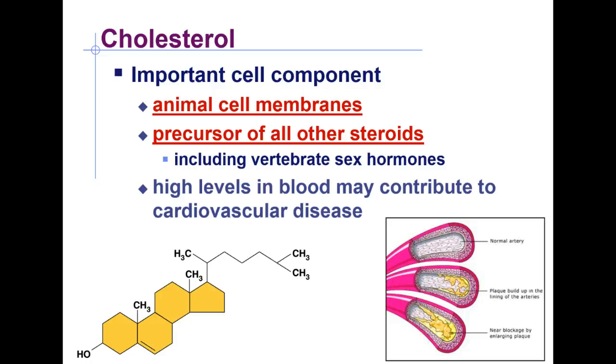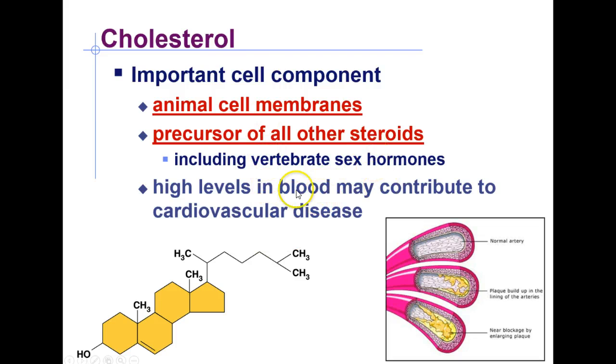Cholesterol is important. We kind of give it a bad rap, but it is actually an important part of cell membranes embedded in the phospholipids. It's kind of your body's building block to creating other steroid molecules in your body like testosterone and estrogen. So really kind of an important molecule, I would think.